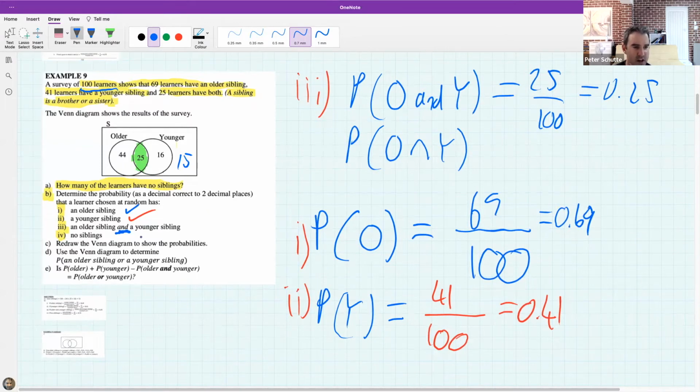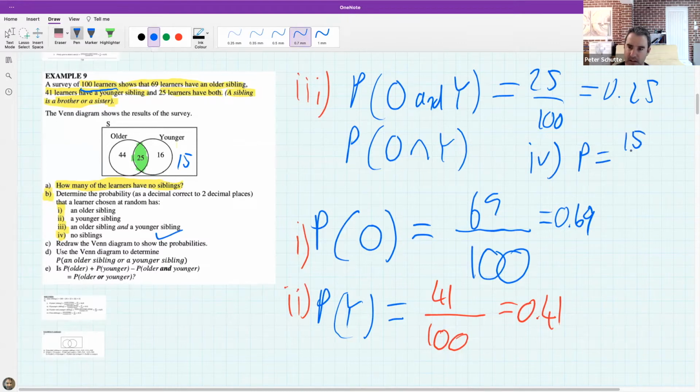What is the probability of having no siblings? Last one. Okay, and the last one is just going to be, I'll just say P for now, I'm not going to use fancy notation.